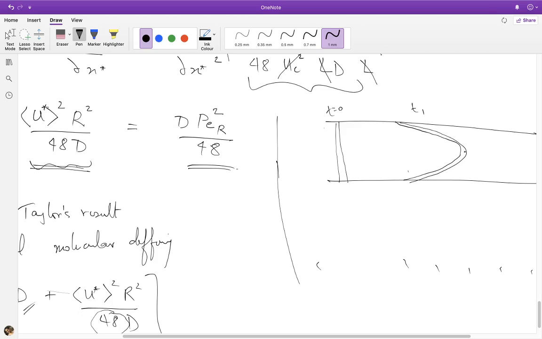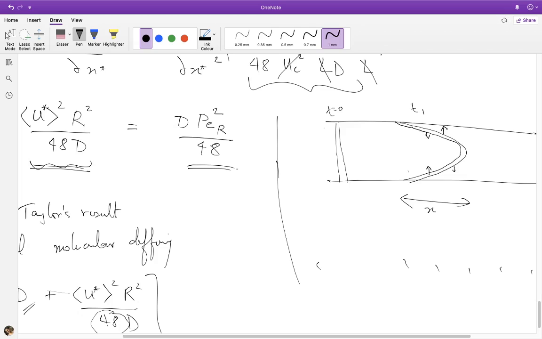So we don't have to consider the spreading in this direction, which is anyway much weaker than the overall dispersion caused by the convection. Rather, what we want to look at is the spreading in the radial direction because of diffusivity. While convection is stretching out the solute slug in the x direction, causing a dispersion in this manner, radial diffusion is trying to make that profile uniform.